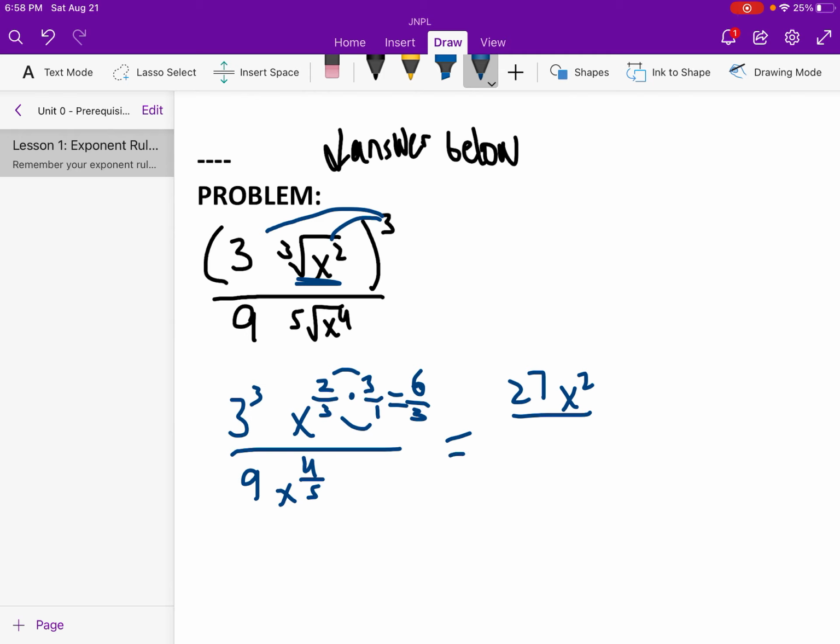And in Precalculus, you don't always use the calculator as much, so you need to remember some of these things. Then 9 x to the 4/5. Now, to keep simplifying, the 27 over 9 becomes 3. Then 2 minus 4/5. So, like I said, you want to know your fraction rules.